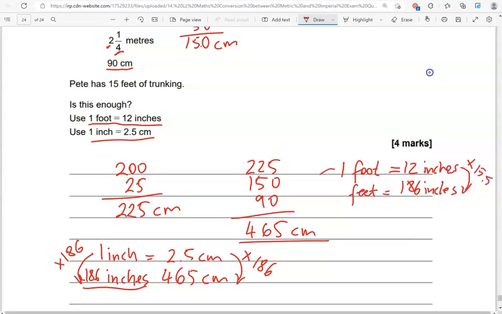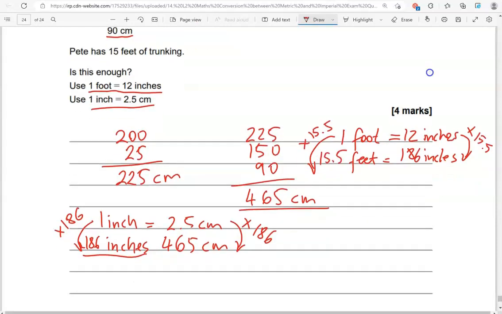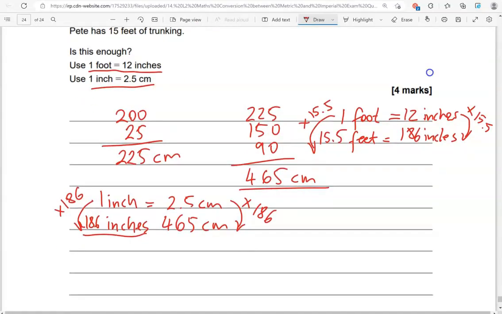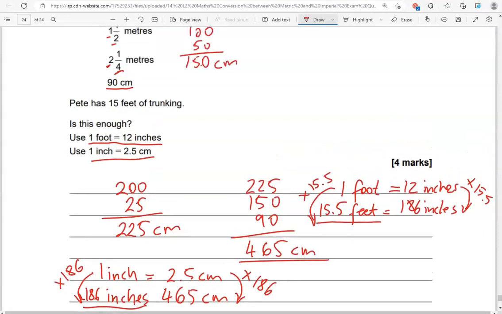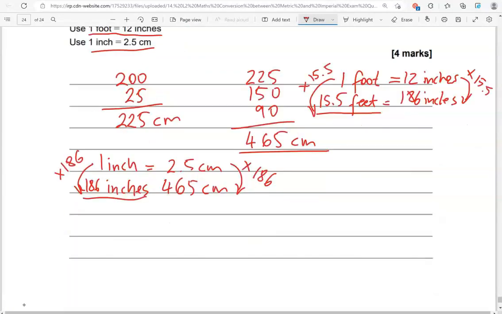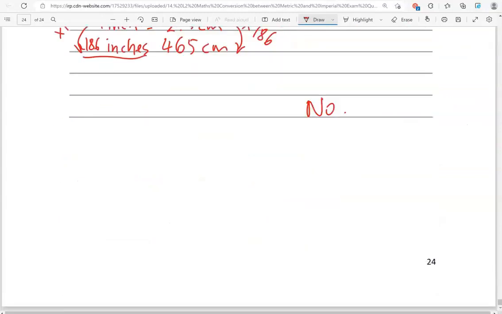So we'll do the same here. Times 15.5. 1 times 15.5 gives us 15.5 feet. So he needs 15.5 feet in total, but he only has 15 feet of trunking. So is this enough? We're going to say no. And this is the end of the questions.